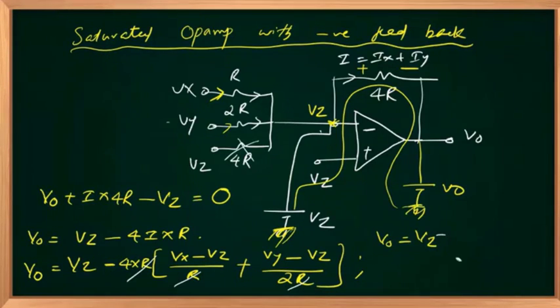So I can write it as minus, inside the bracket, 4 times (Vx minus Vz) plus (Vy minus Vz) multiplied by 2.